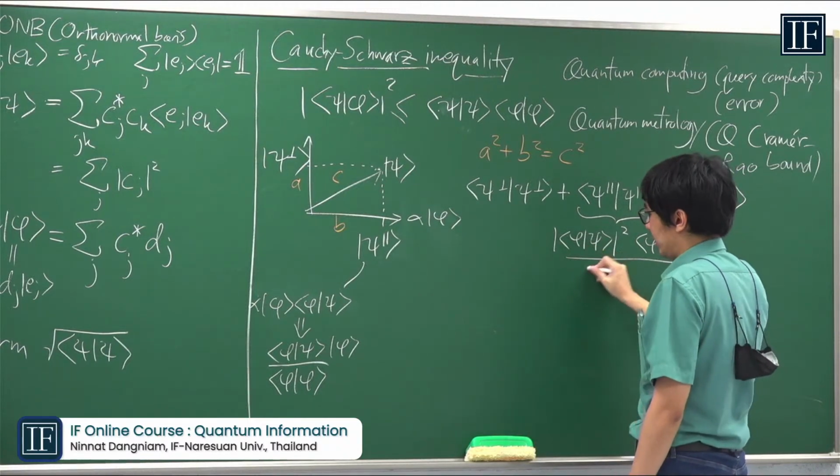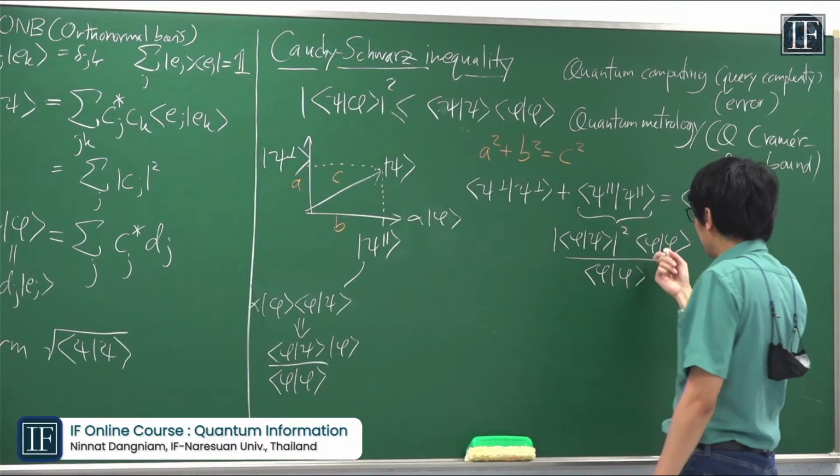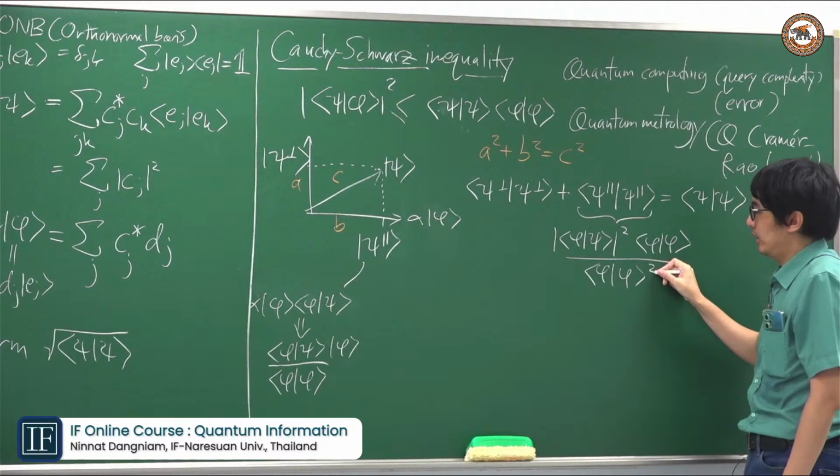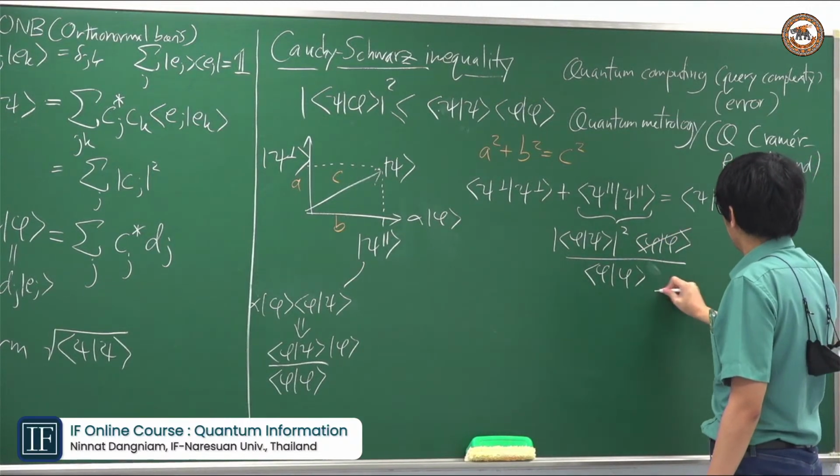But then for the denominator you get a square of this, and so it cancels with the guy above.